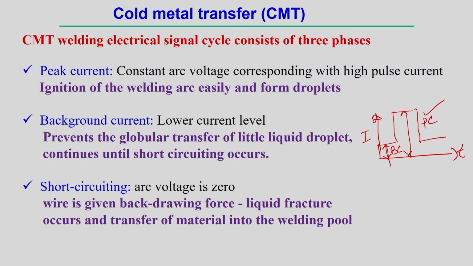So the voltage becomes very low, and as the short circuit happens, the wire immediately retracts back, giving a back drawing force such that liquid fracture happens between the electrode and the droplet, and the droplet becomes part of the molten pool. That means the droplet is transferred to the molten welding pool.